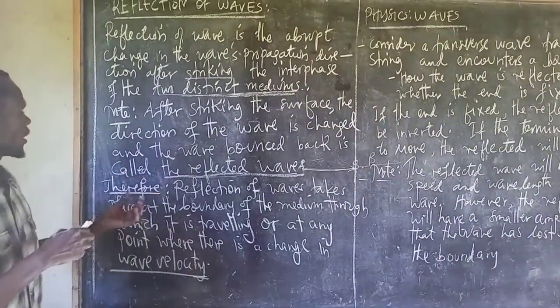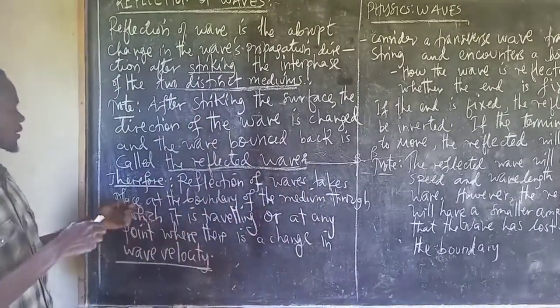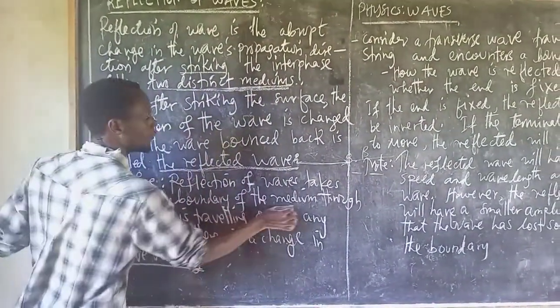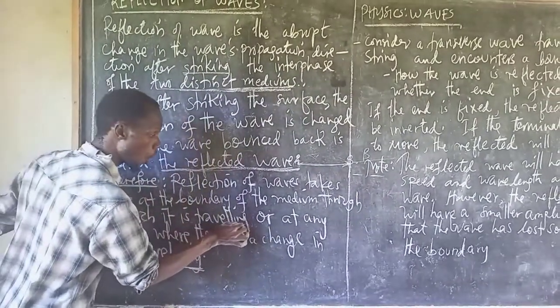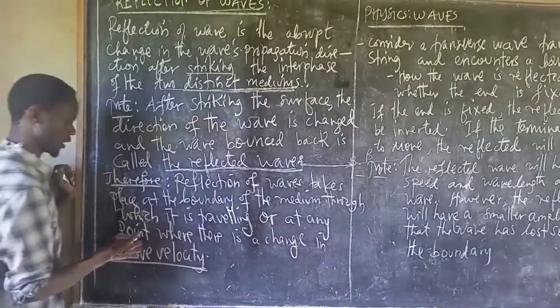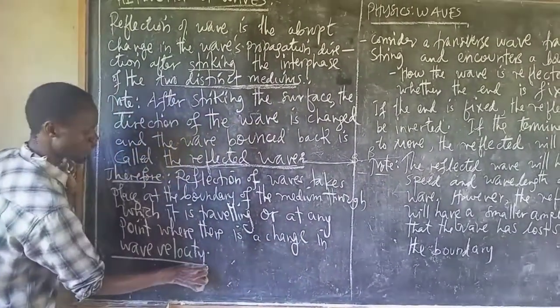Therefore we say reflection of waves takes place at the boundary of the medium through which it is traveling, or at any point where there is a change in wave velocity.